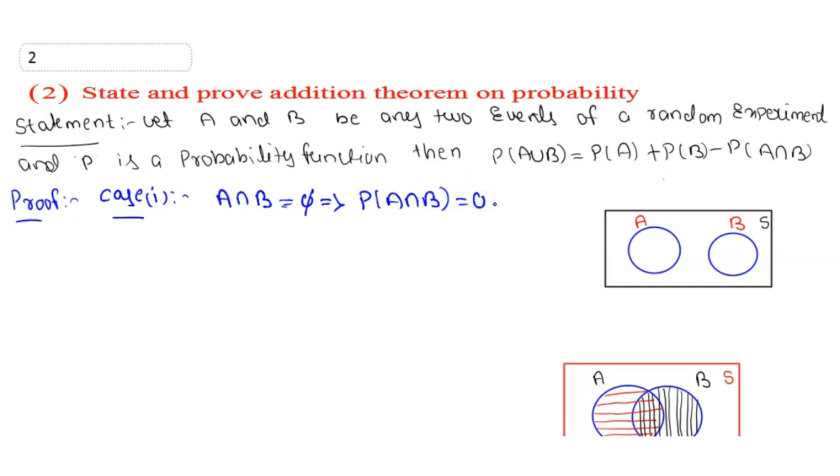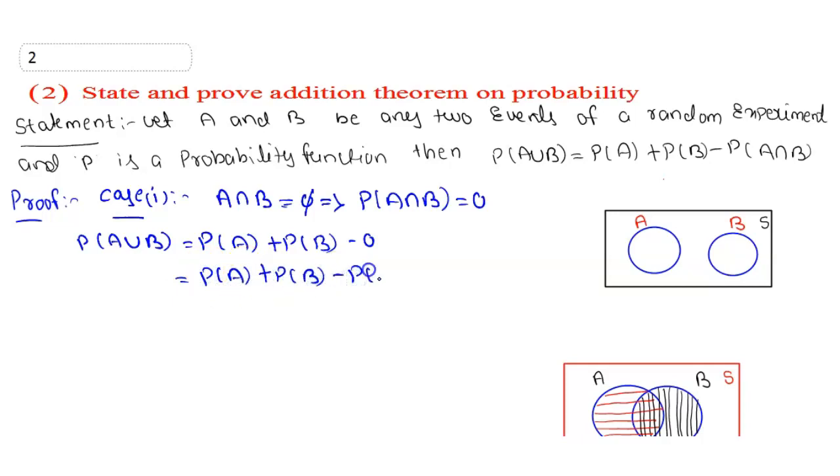So if you take the union, P of A union B is equal to P of A plus P of B. That's it. And if you write minus 0, nothing will change. Instead of 0, I can write P of A intersection B. So P of A plus P of B minus P of A intersection B. This is the condition when two events are disjoint, right?